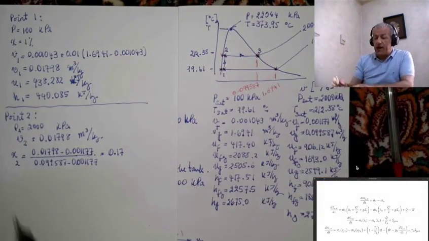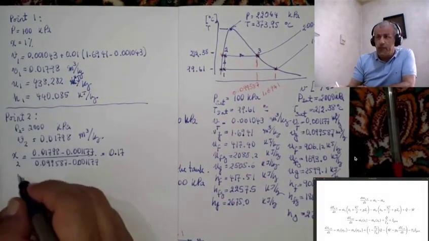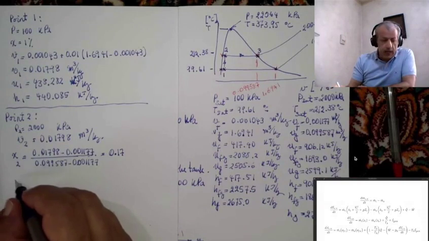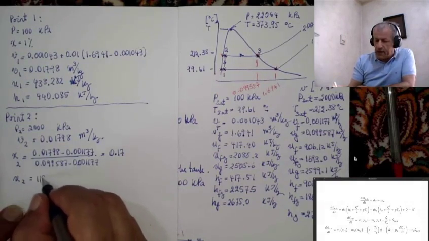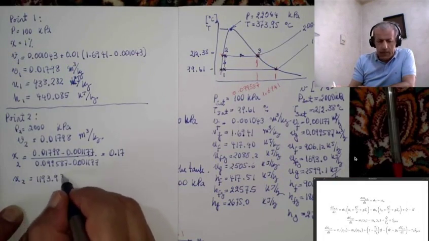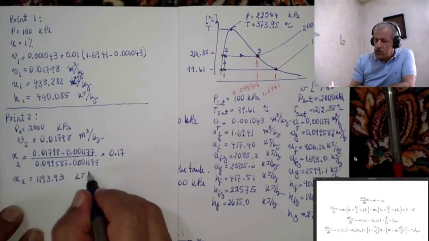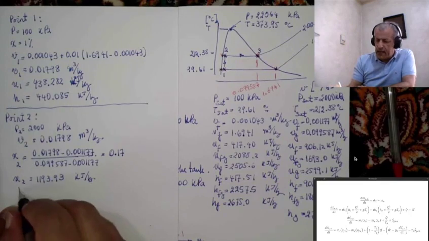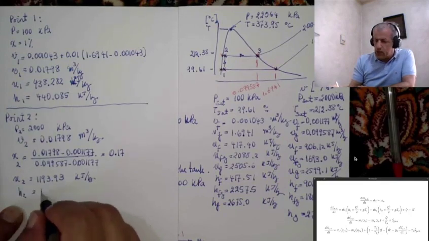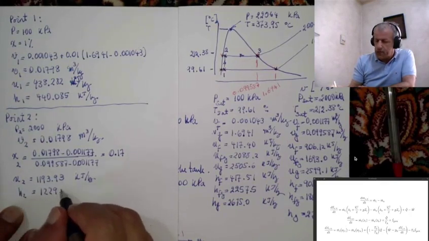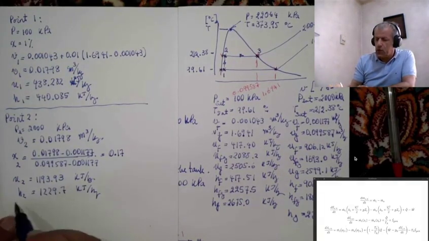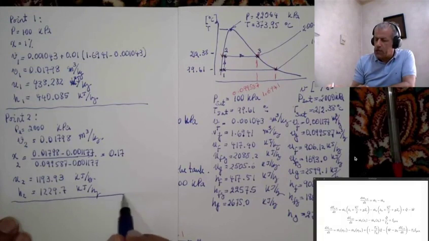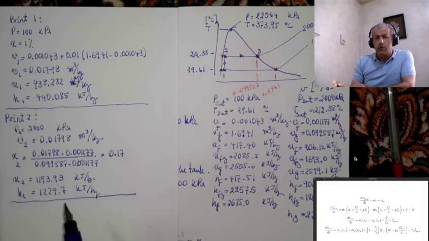So once we have x, just similar to this part, we could calculate u2, which is 1193.93 kilojoules per kilogram, and h2, which is 1229.7 kilojoules per kilogram. So now we are quite clear about point 2.